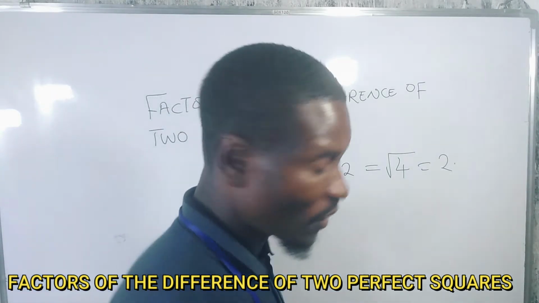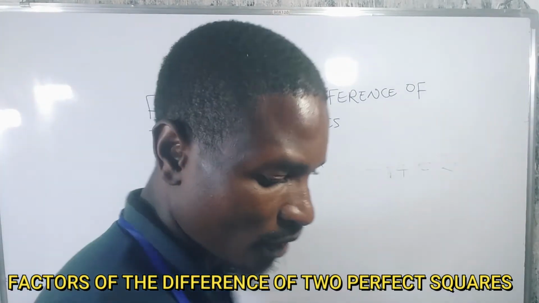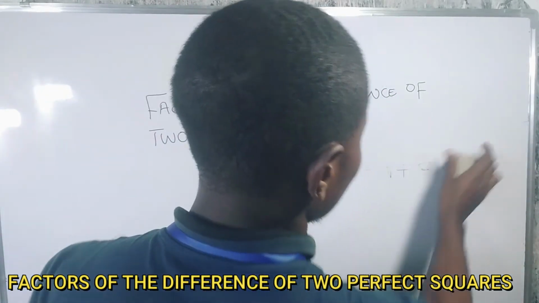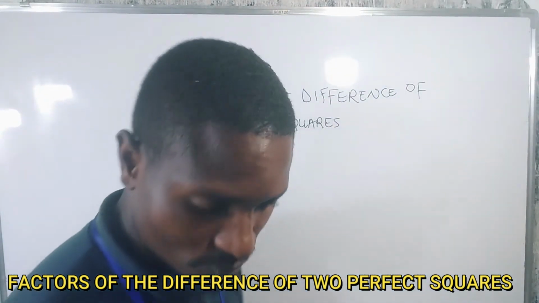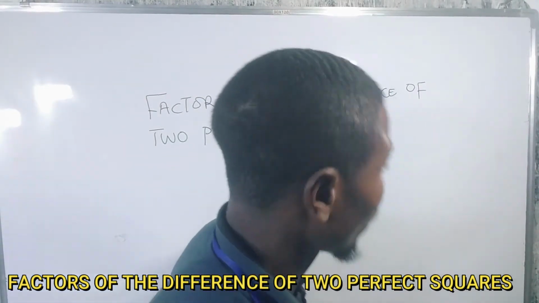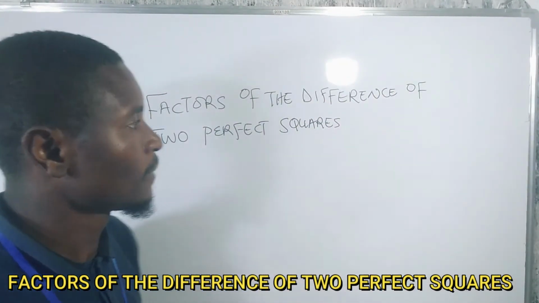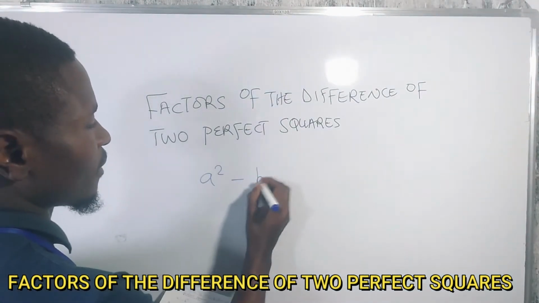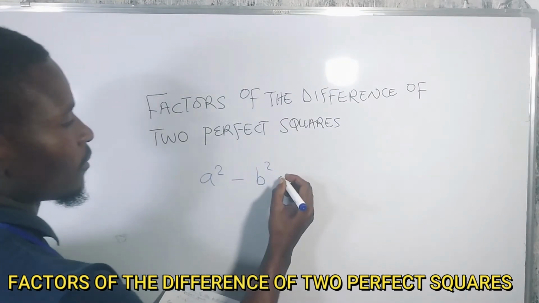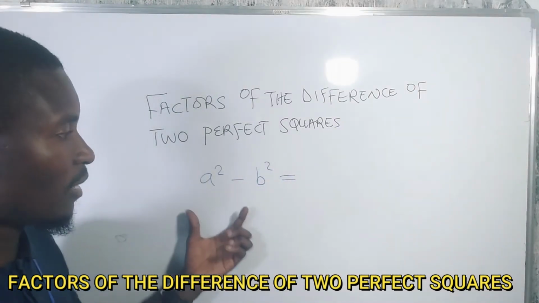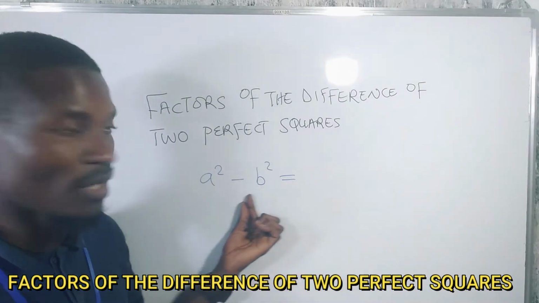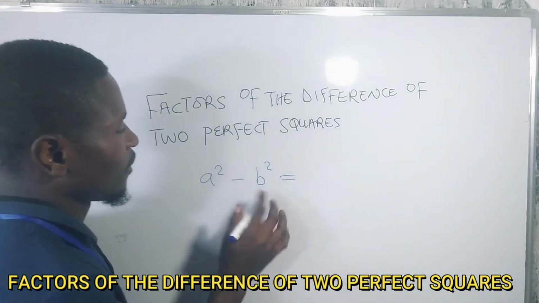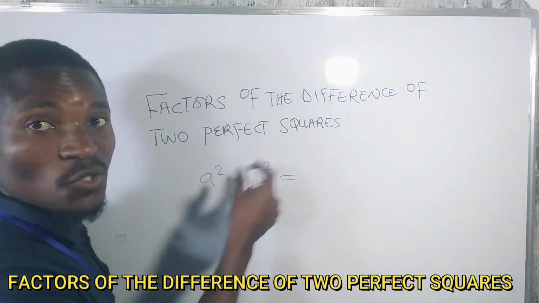Okay, so now the first thing that you're supposed to understand is that we can say a squared minus b squared. When you write something like this, a squared minus b squared equals something, it means that each of these terms is squared.